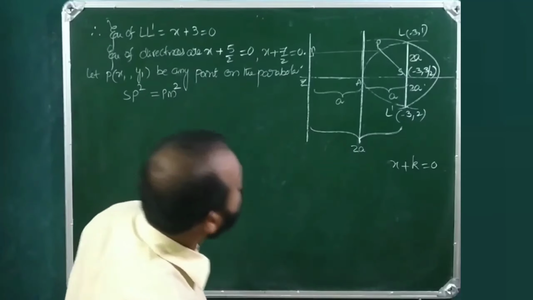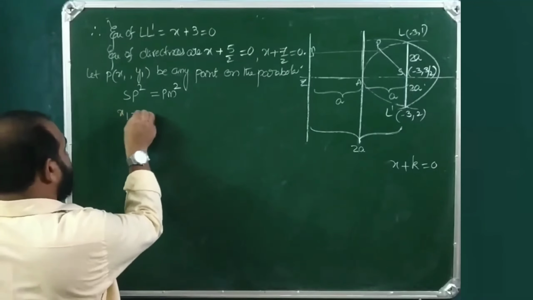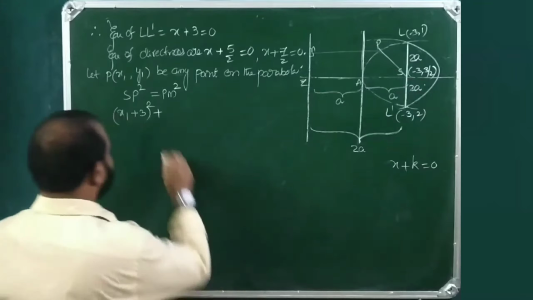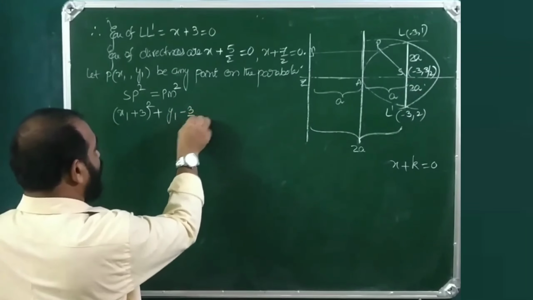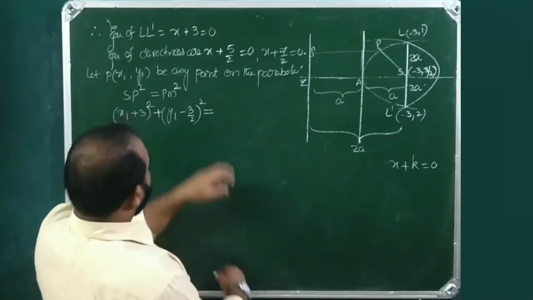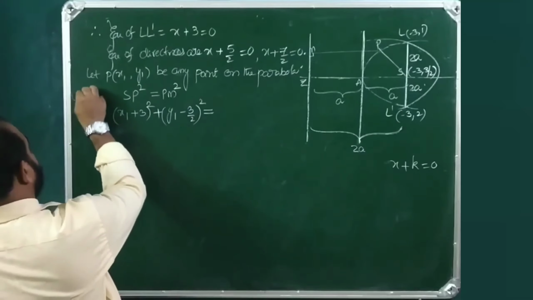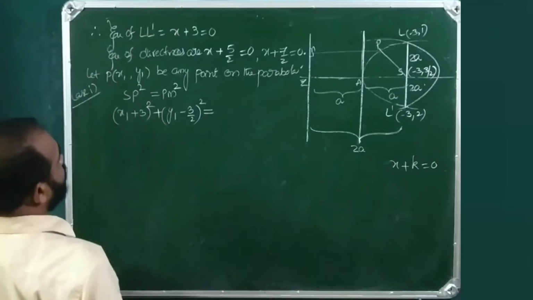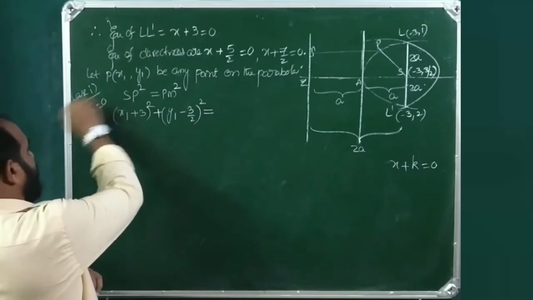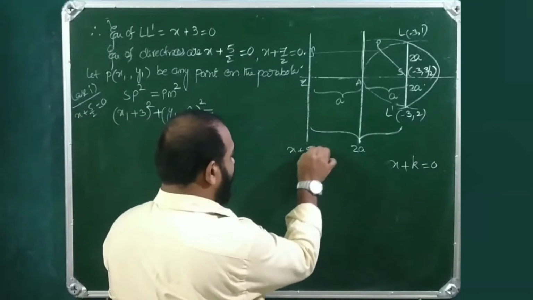So SP is (x1 plus 3) whole square plus (y1 minus 3 by 2) whole square, which is equal to PM square. First of all, case 1: we take x plus 5 by 2 equals 0.